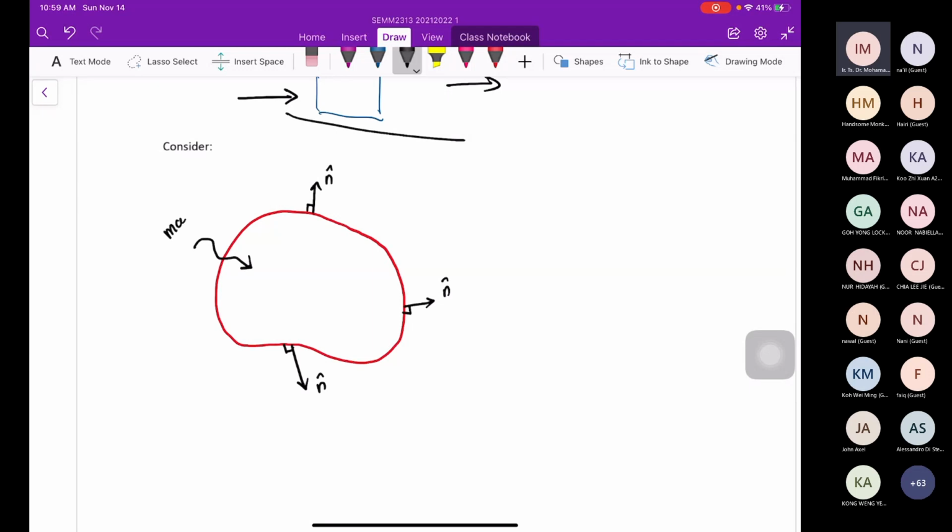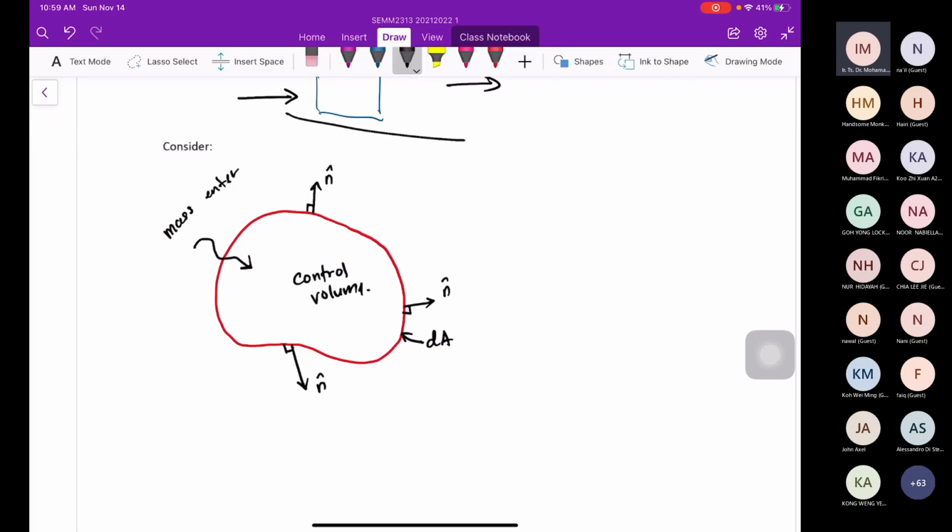This is the control volume. And then the area here, we consider the change of area, dA.